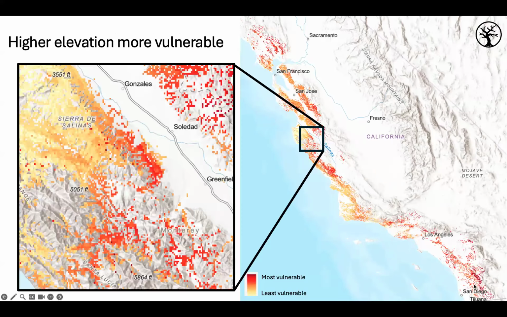And if we zoom in across these coastal mountains, what we actually find is that higher elevation sites are going to be more vulnerable. This is sort of surprising because typical things like ecological niche models are suggesting things are moving upslope, but this is basically suggesting the trees that exist upslope are not going to be adapted to that new climate that's going to exist upslope.